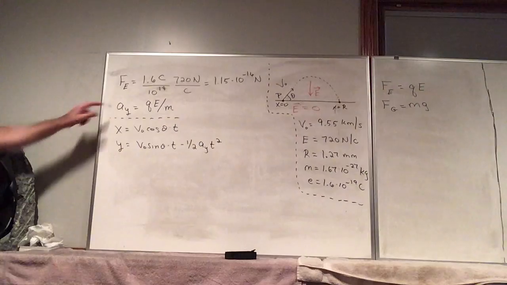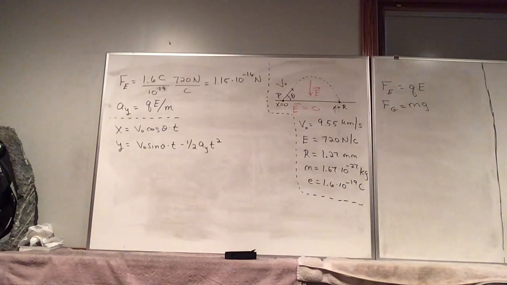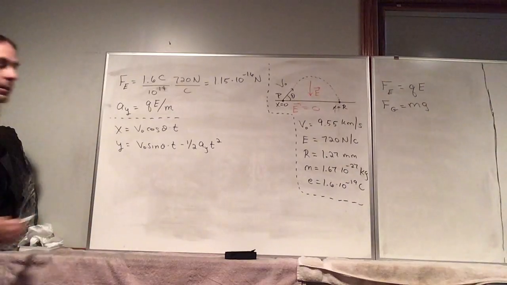And we can plug in QE over m for a_y. We know all these values. Let's just think of a_y as a number, just like v naught sine of theta is a number.